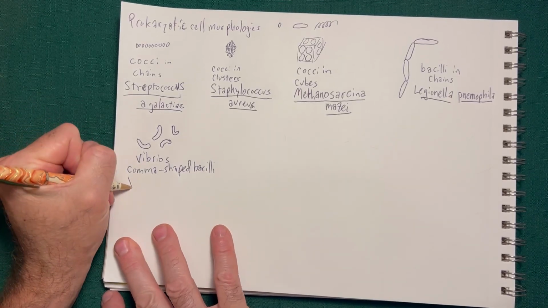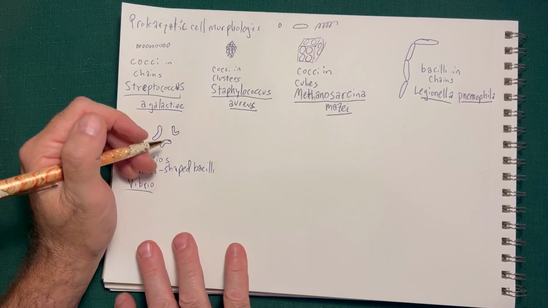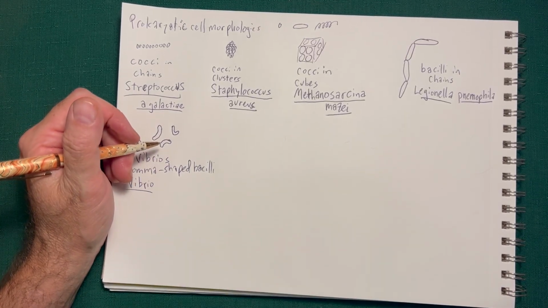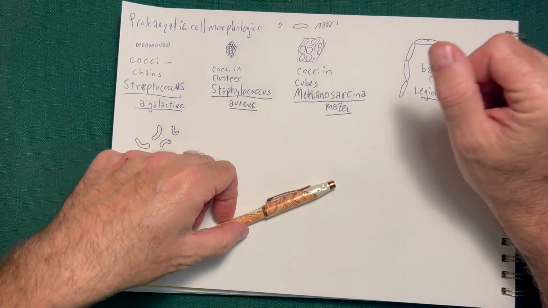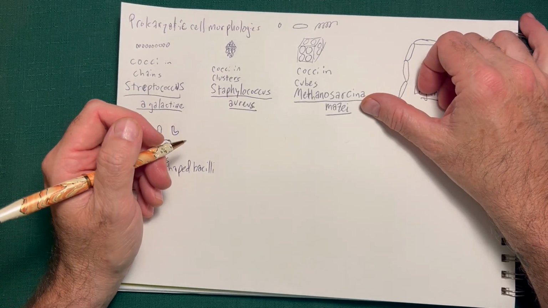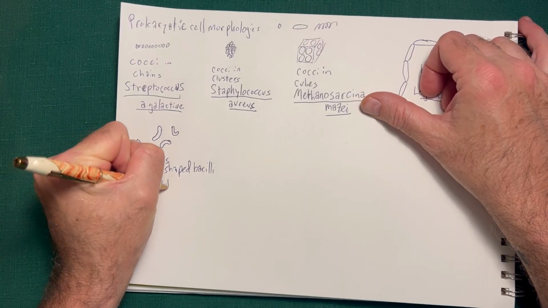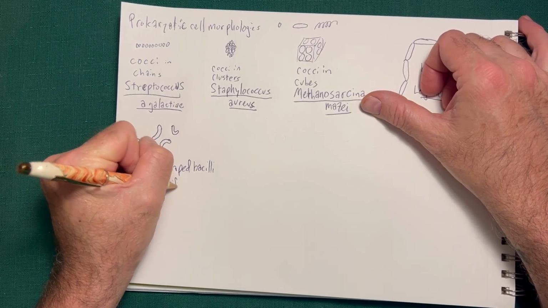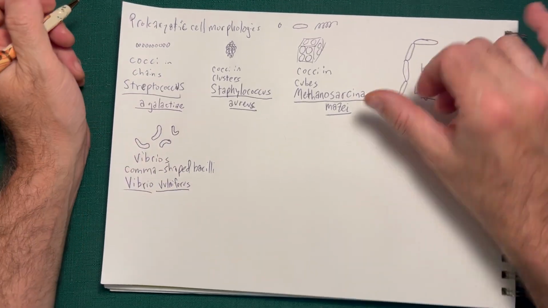And in fact, the name Vibrio is the name for one genus of bacteria, which used to be just described based on that morphology. Vulnificus, I think, is the name right there.